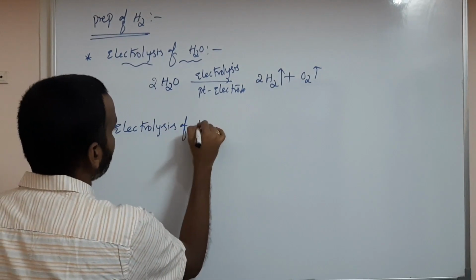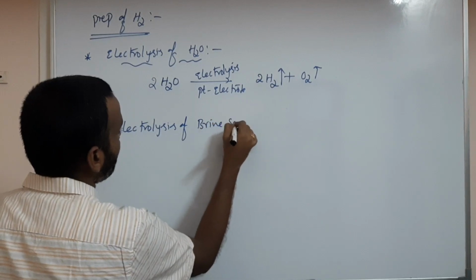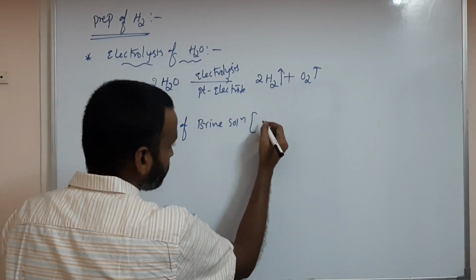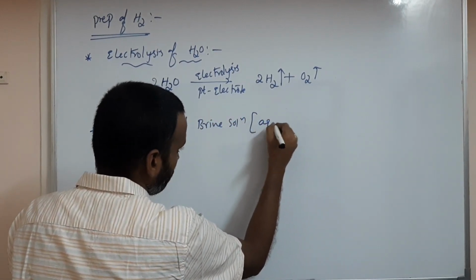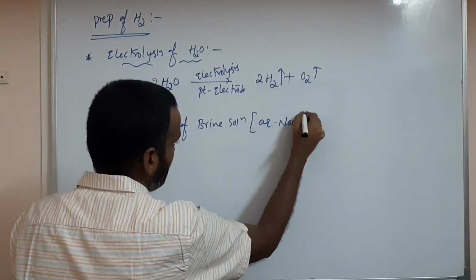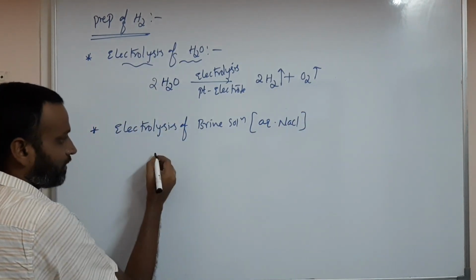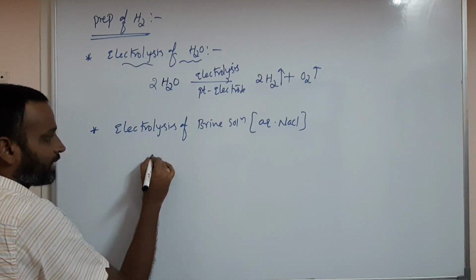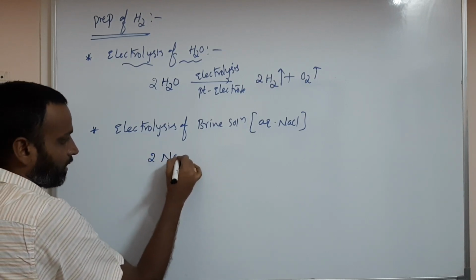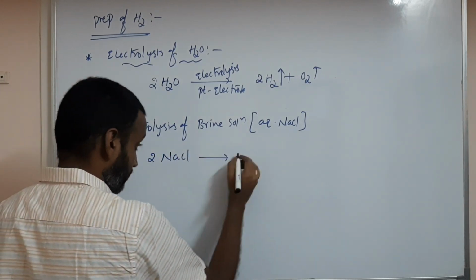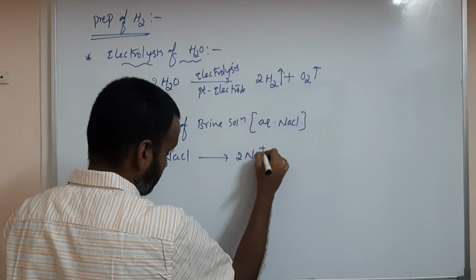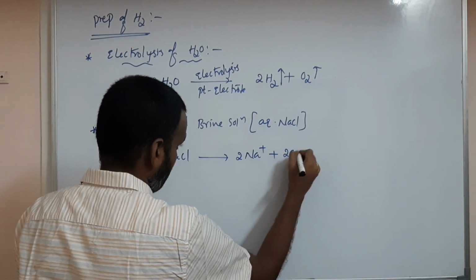Electrolysis of brine solution. What is brine solution? Aqueous NaCl. So everybody knows what happens at the anode and at the cathode. On electrolysis you will get 2Na plus and 2Cl minus.